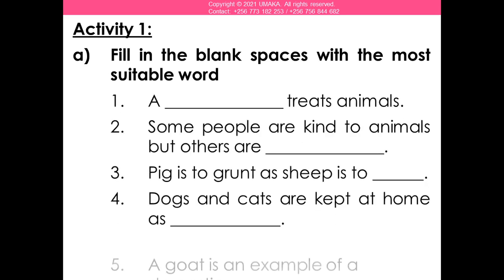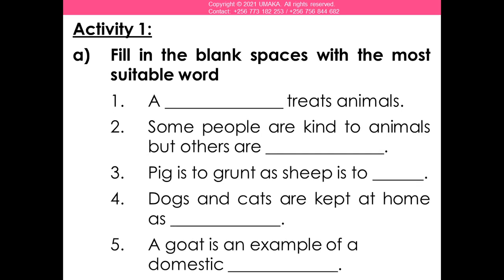Okay, there are 5 numbers. Read them, understand, and then answer. Number 1, a dash treats animals. They want a person who treats animals. Number 2, some people are kind to animals, but others are dash. If some are kind, what about others? Answer that. Number 3, pig is to grunt as sheep is to dash.